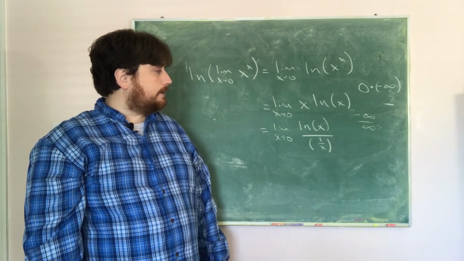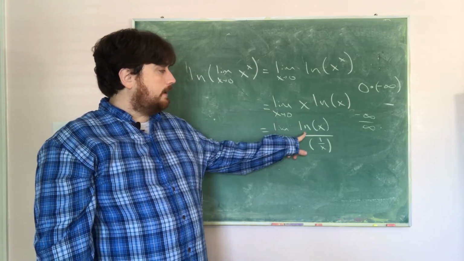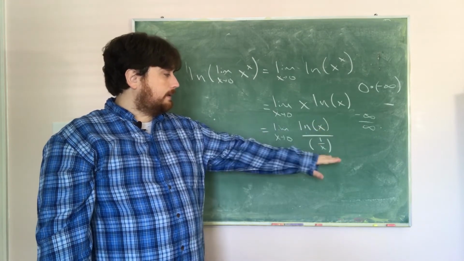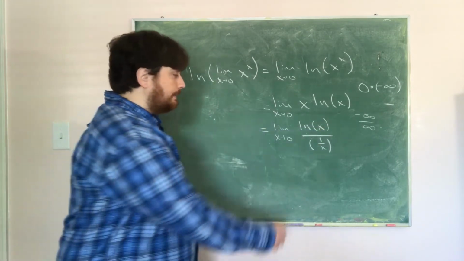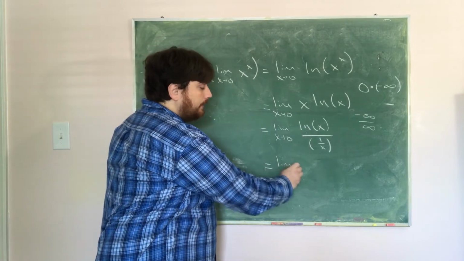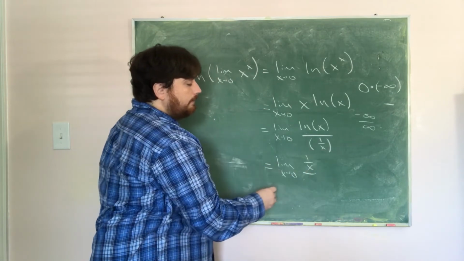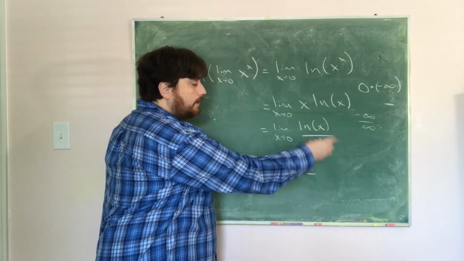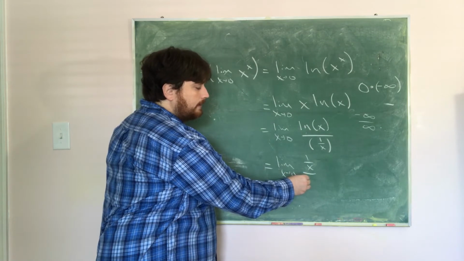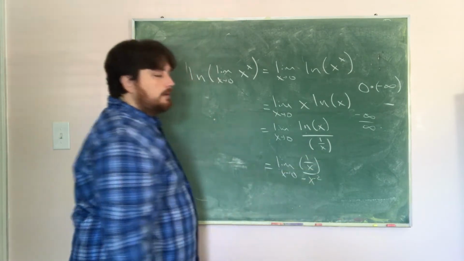So what does L'Hopital's rule say again? We'll take the limit as x goes to 0 of the derivative of the top over the derivative of the bottom. The derivative of natural log of x is just going to be 1 over x. And the derivative of 1 over x is, well, we did that one in the last example, negative x to the negative 2.